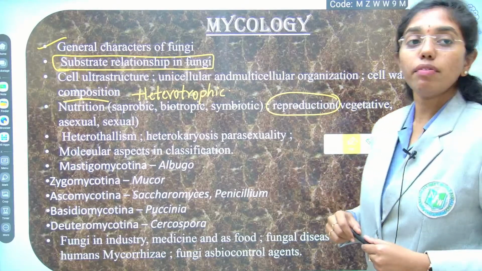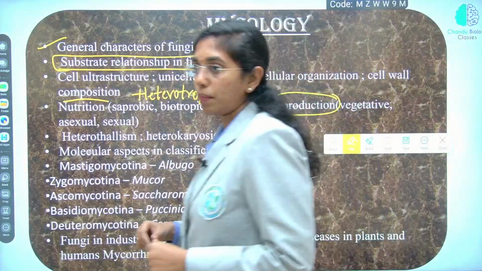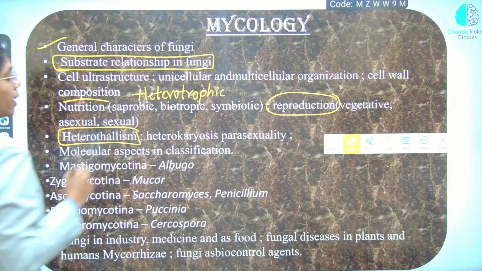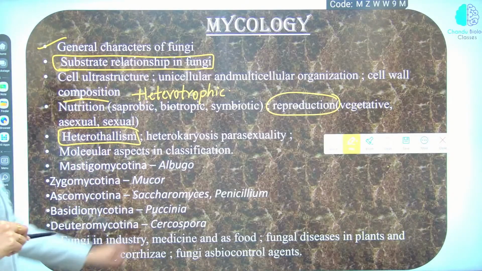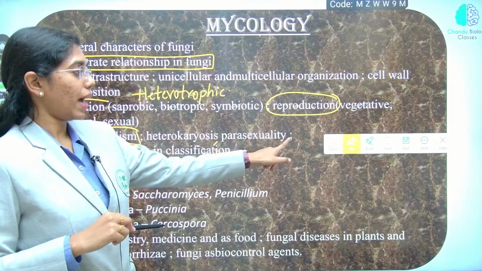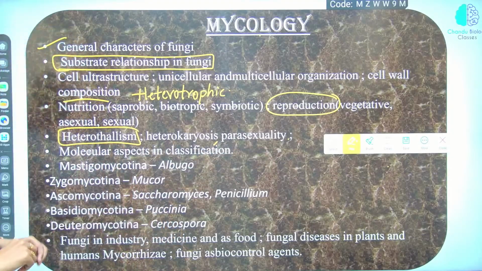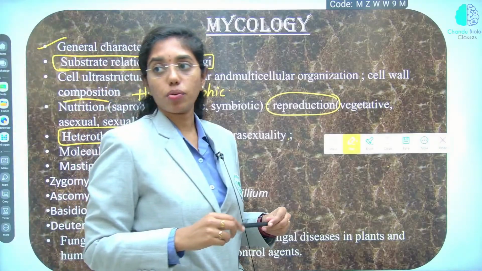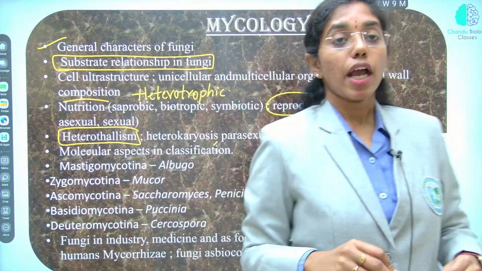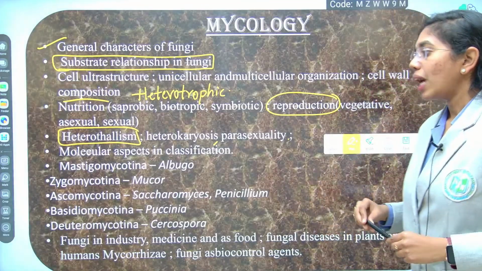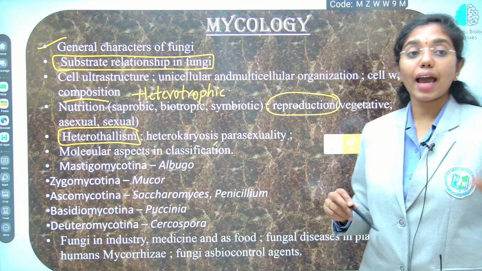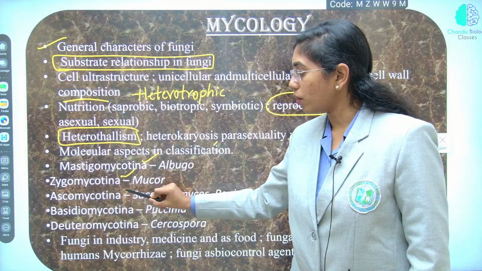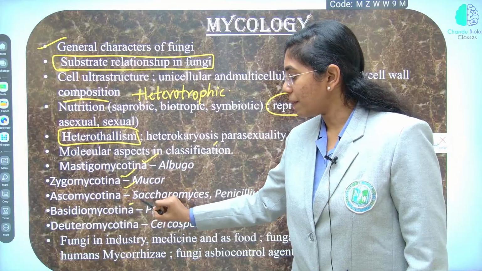And then we will look into heterothallism, where we will highlight primary and secondary mycelia. Next is heterokaryosis and parasexuality, followed by molecular aspects involved in classification. What are the molecular aspects involved in classification? And then the clear characteristic features of Mastigomycotina, Zygomycotina, Ascomycotina, Basidiomycotina.